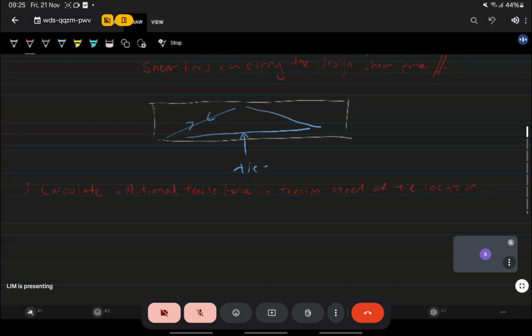Okay, so to calculate the tensile force, again, you need to know the angle theta, which we calculated already. So no problem there.